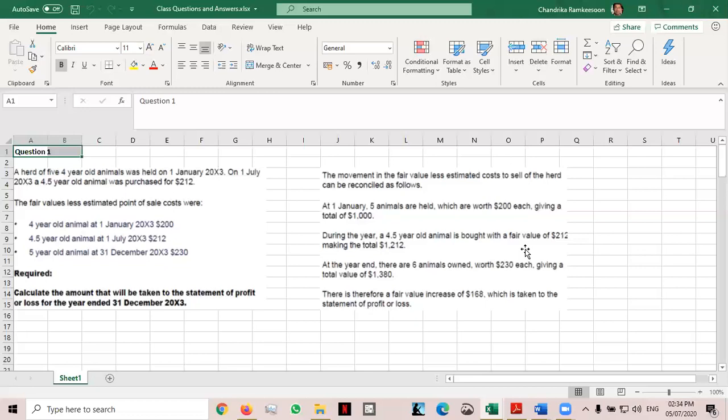At the end of the year, there are 6 animals owned worth $230 each, giving a total value of $1,380. There is therefore a fair value increase of $168, which is taken to the statement of profit or loss.